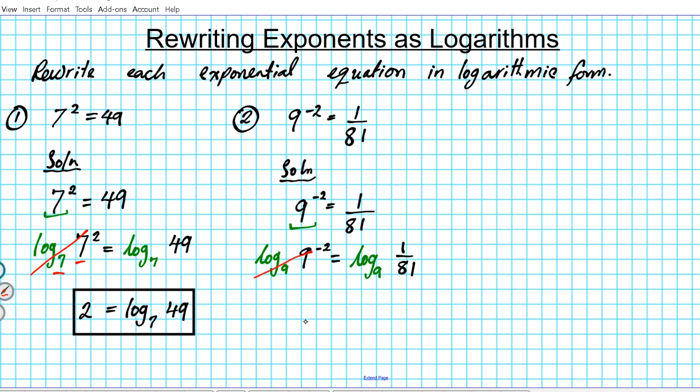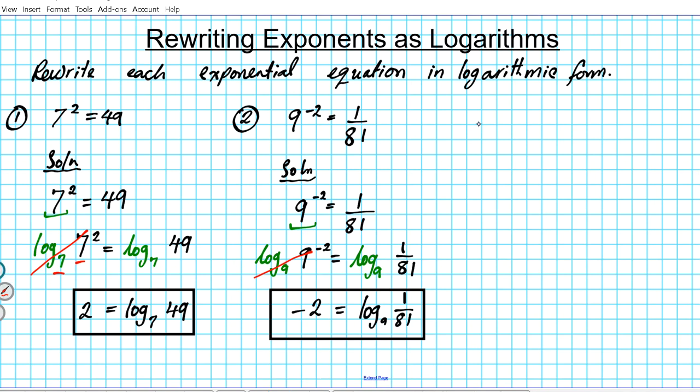And we're left with the final answer, -2. Just bring down the power, okay? -2 is equal to log base 9 of 1 over 81. Ladies and gentlemen, that's the answer to question number 2. The logarithmic form that's equivalent to this exponential equation.